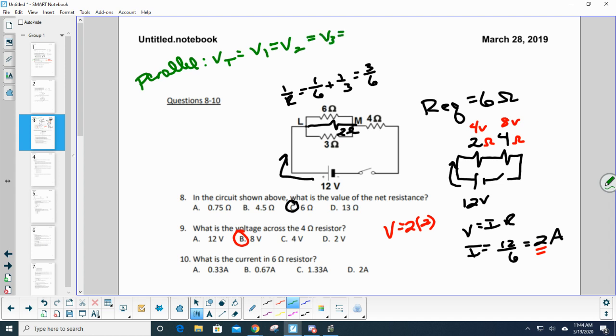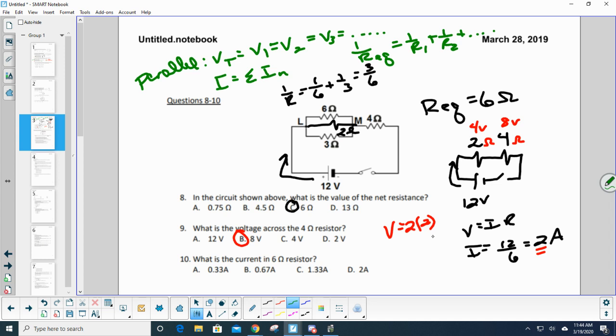Your current is the sum of all the currents. And your resistance is 1 over R, 1 plus 1 over... So that's everything that we know for parallel.